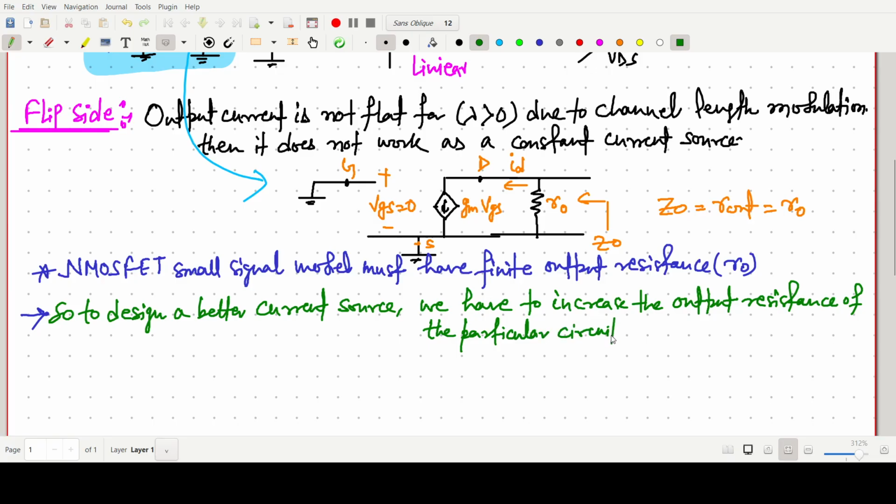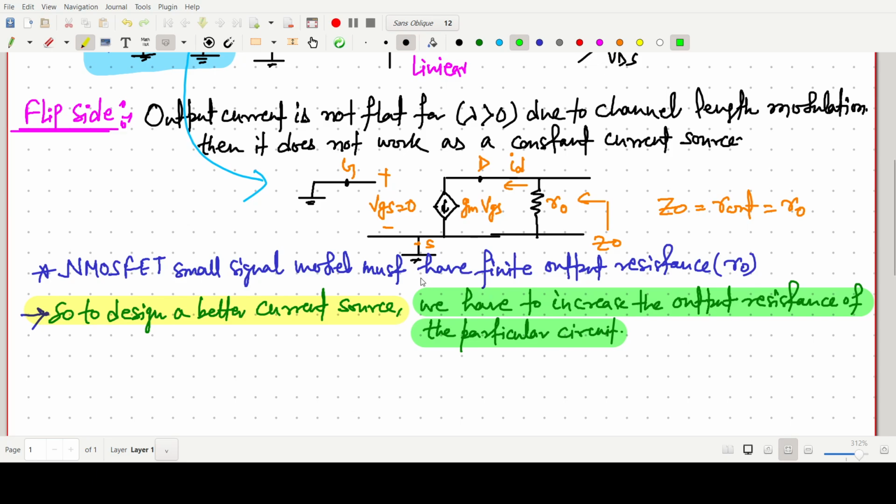Is it okay? This line is important: for any current source, to generate a better current source, we have to increase the output resistance of a particular circuit. This is very important. We have to increase the output resistance for a better current source.